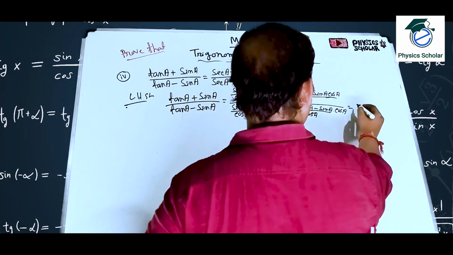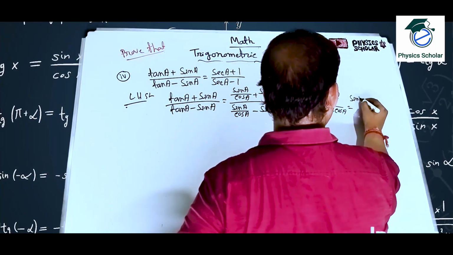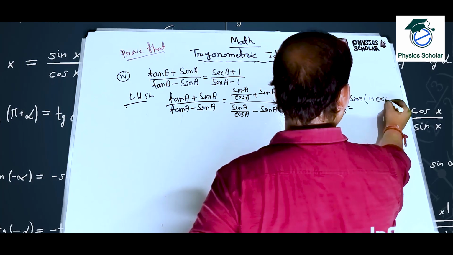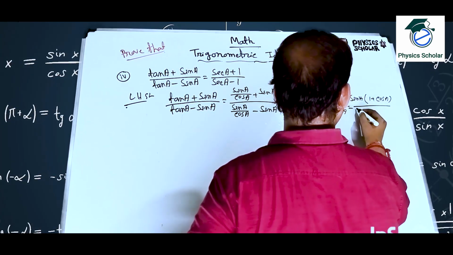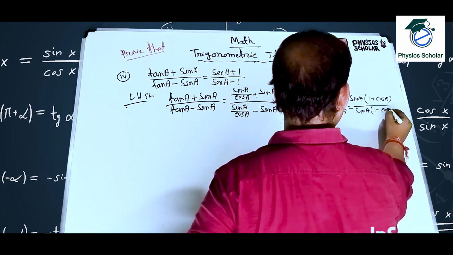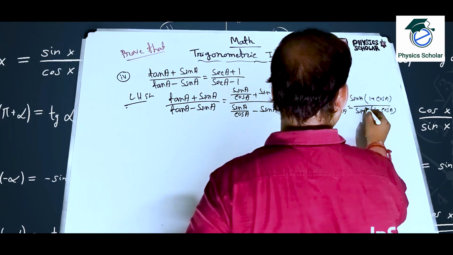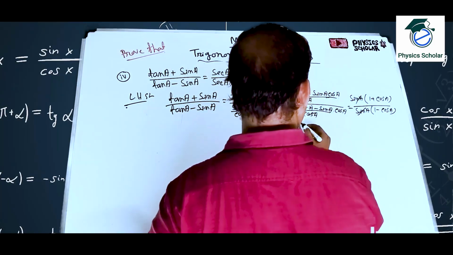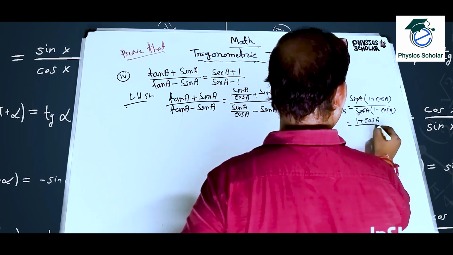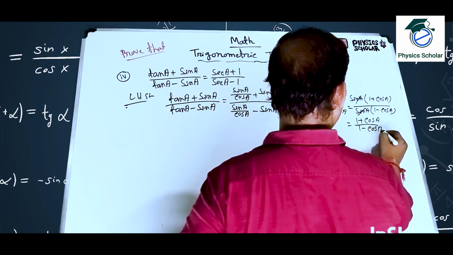So it will be what? Sin A common. So 1 plus cos A divided by sin A common, it will be what? 1 minus cos A. Clear? This will be cancelled. So what is ultimately coming? 1 plus cos A divided by 1 minus cos A.